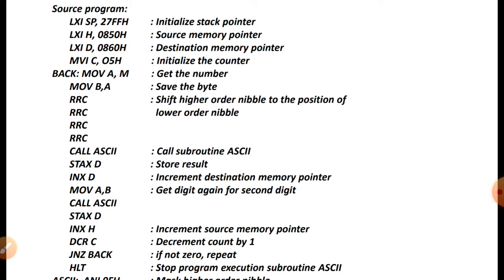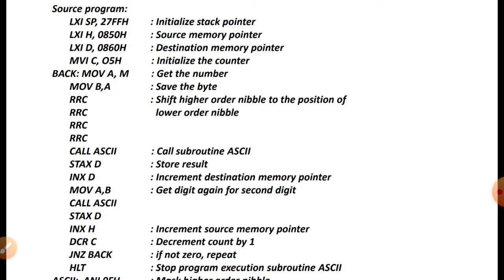Of course, for this program we will be using a subroutine, and before using the subroutine, we must initialize the stack pointer, because whenever we call a subroutine, the program counter content, which is the address of the next instruction after the subroutine, must be stored in the stack.